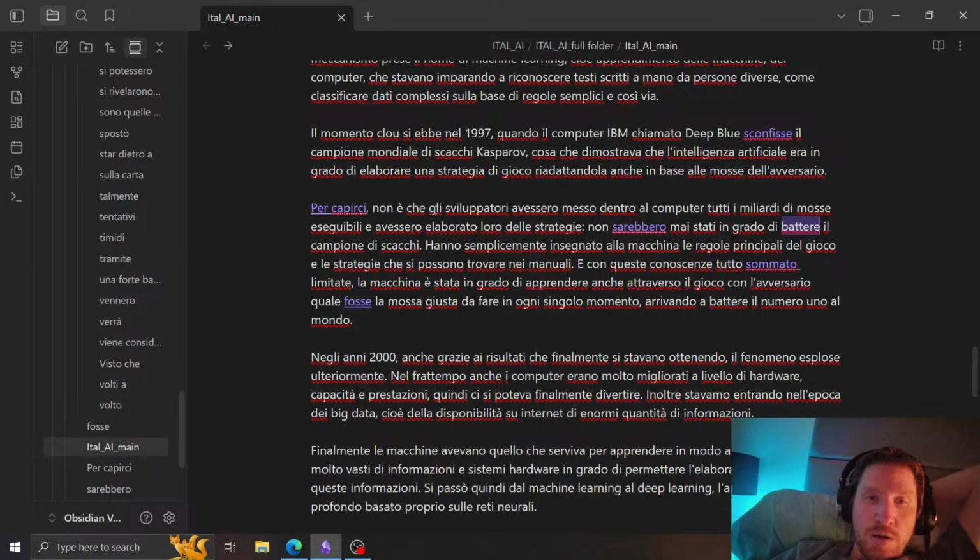Okay, to make clear, it's not that the developers had moved inside the computer all of the millions of executable moves, and had elaborated their strategy. They would never be able to defeat a world champion in chess. They had simply taught the machine the principal rules of the game and the strategy that you would find in the manual.